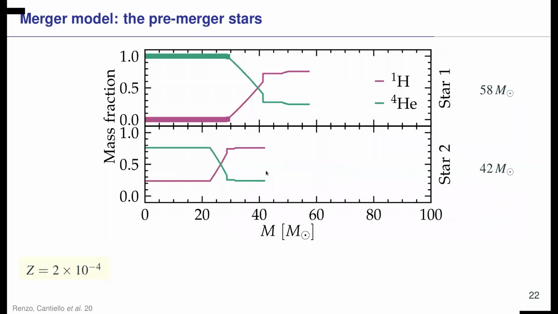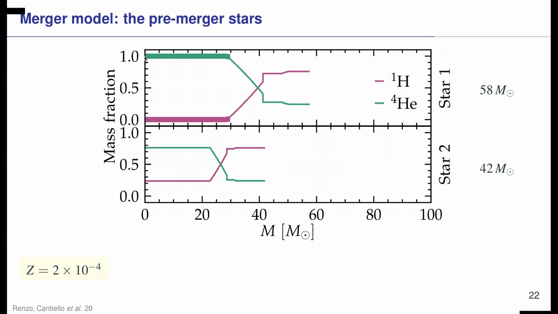So here I'm showing you the mass fraction of hydrogen and helium as a function of mass coordinate. So again, 0 is the core and the maximum is the surface. And these two profiles of the two stars that I'm going to merge are taken at the end of the main sequence of the most massive star.